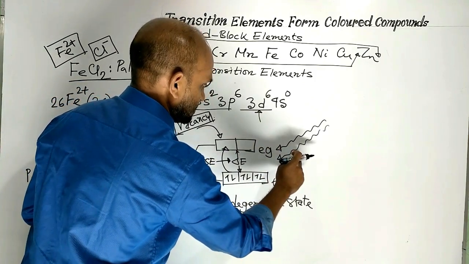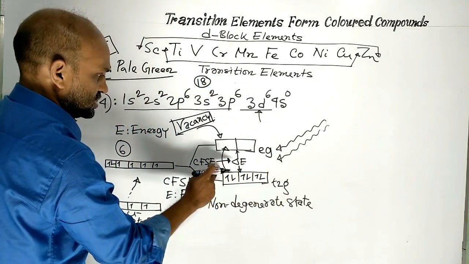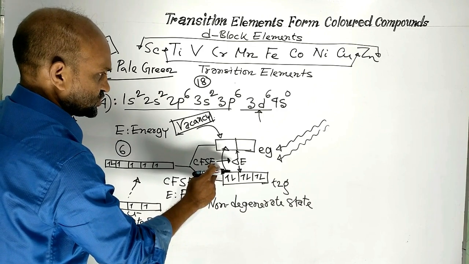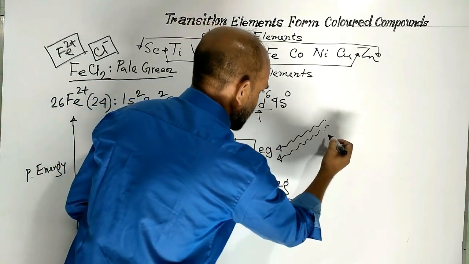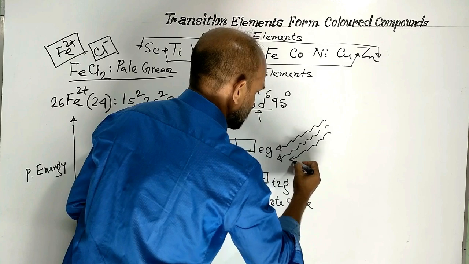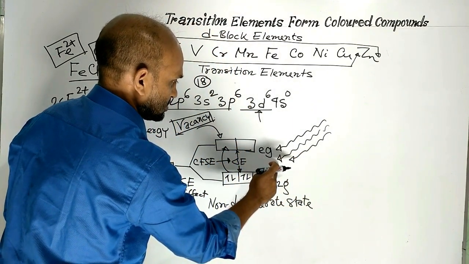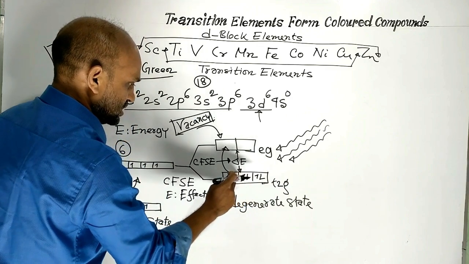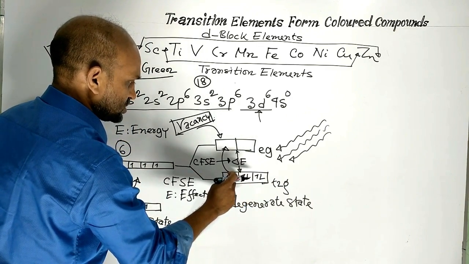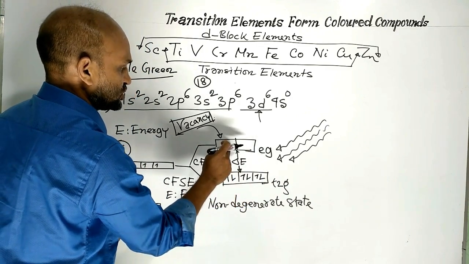In this case, this ion absorbs some radiations from the visible light region, and as a result, these electrons shift to the higher energy orbitals.